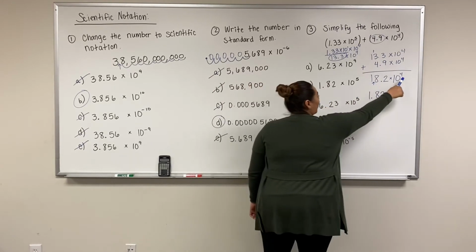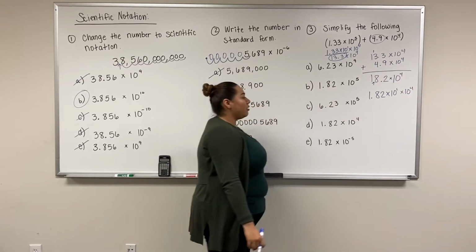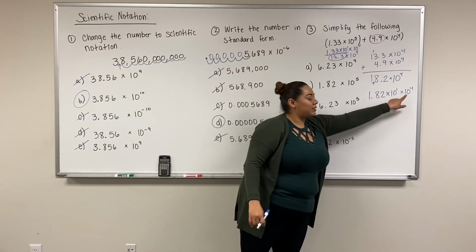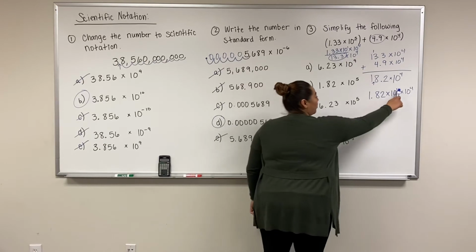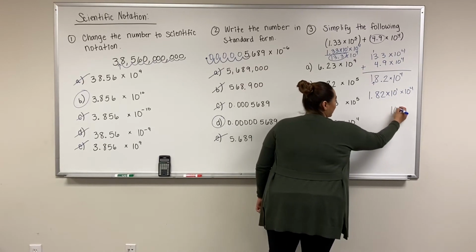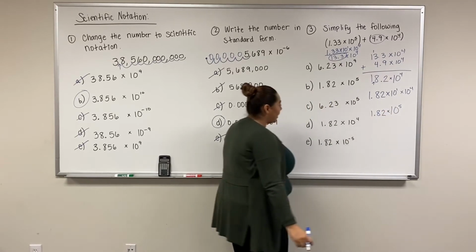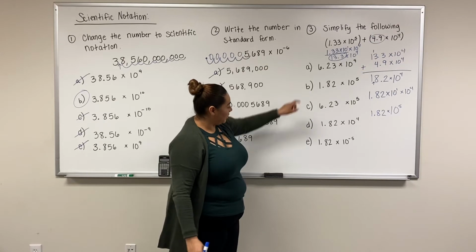But we have the 4 on the outside, so times 10 to the 4th. Whenever you have exponents like that and you have the same base, in this case the same 10, we could just add our exponents. So 1 plus 4 is going to give us 10 to the 5th power. So it's going to be 1.82 times 10 to the 5th power, which is right here.